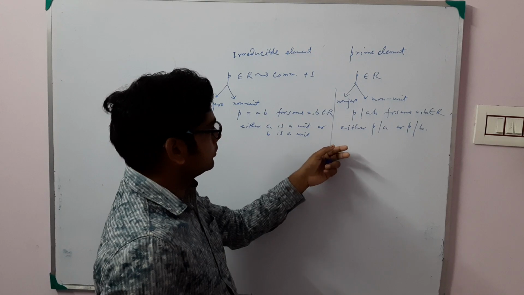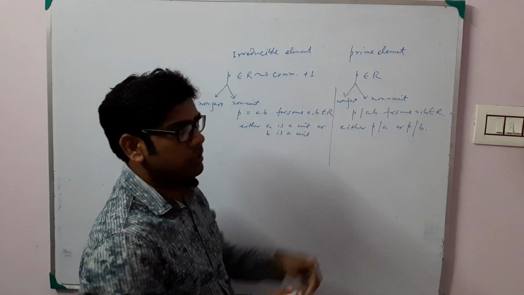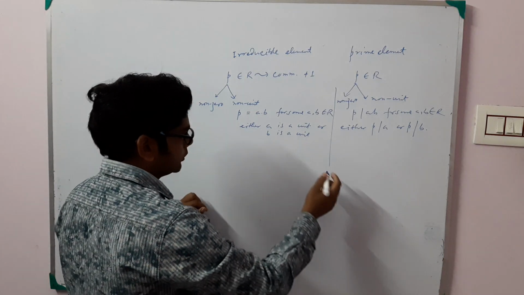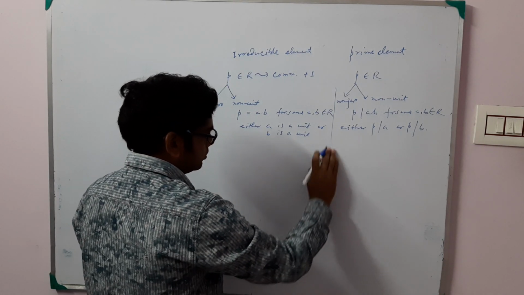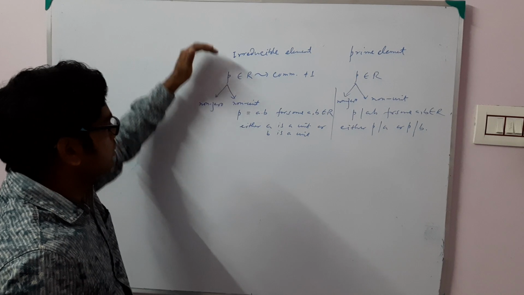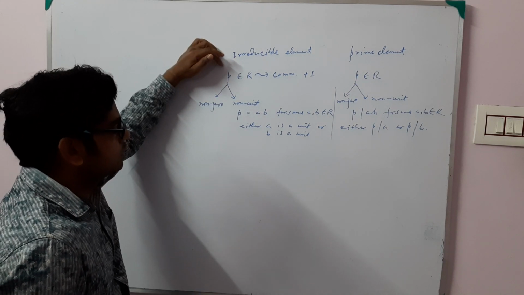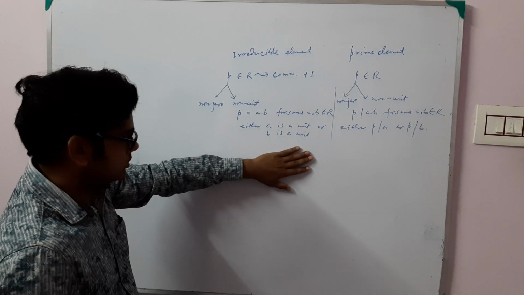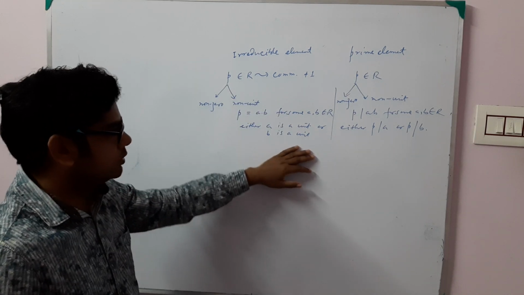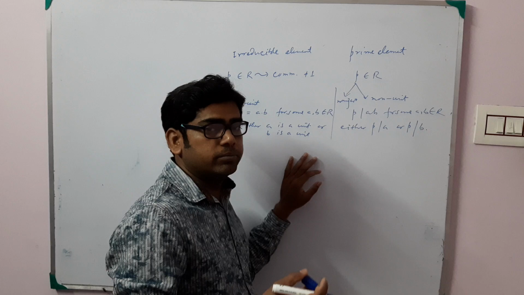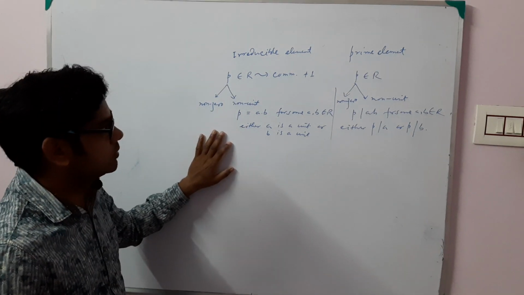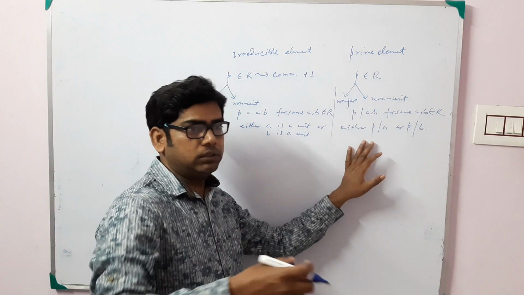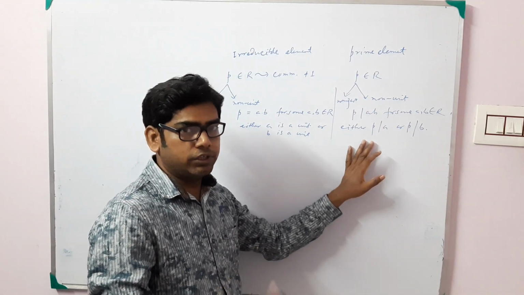We know the notion of prime element in the ring of integers, but in general for a commutative ring with unity it is defined as this, and now we are going to find some examples of irreducible elements and prime elements different from that in the ring of integers.